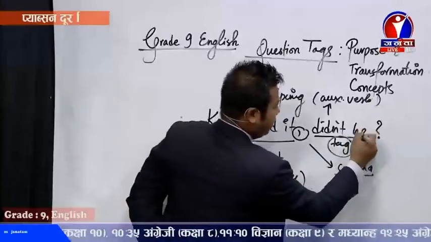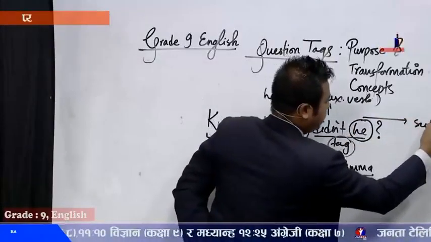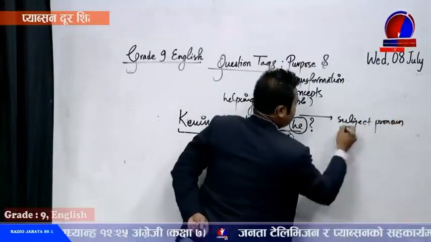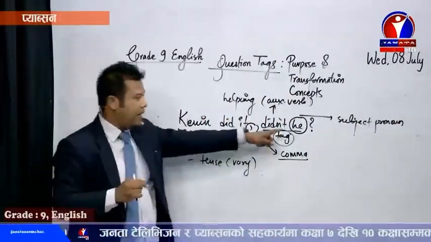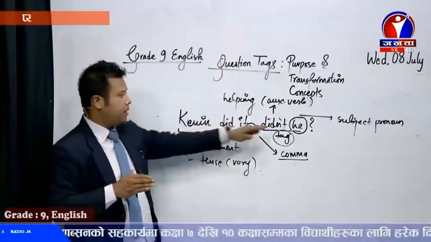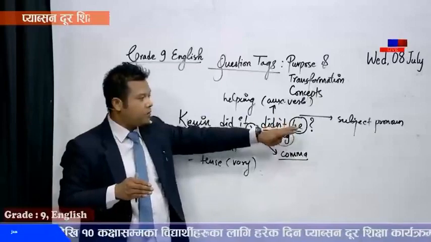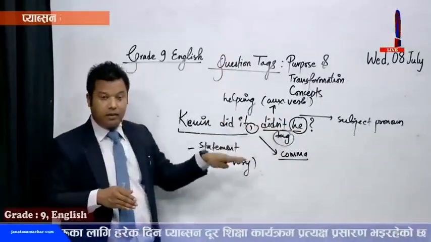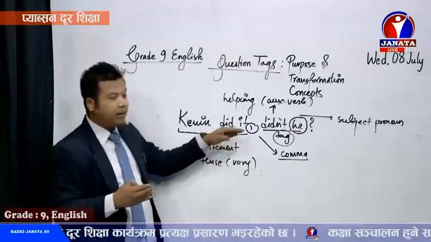And then this particular part is called subject pronoun. Why? Because we bring a relevant pronoun by referring it to its subject. Here, he refers to Kevin. And Kevin is subject, so that becomes a subject pronoun. So you have a lot of relationship to study when you are writing or working on tags.